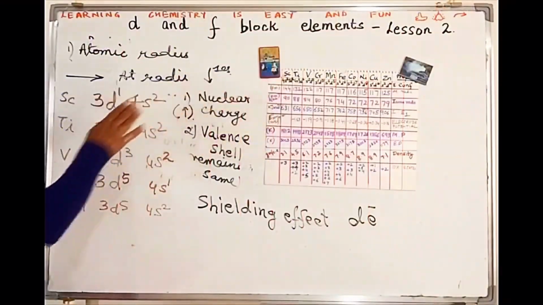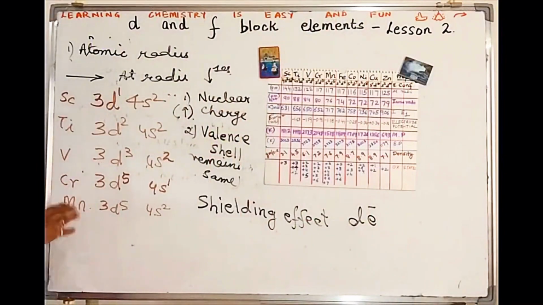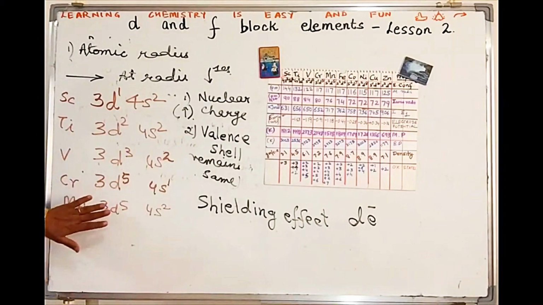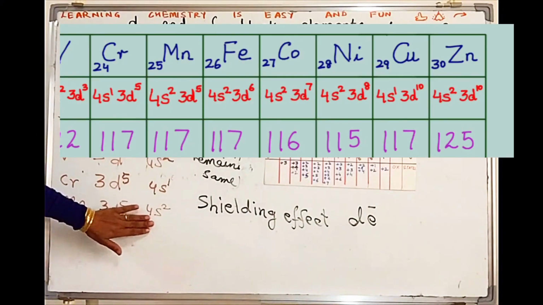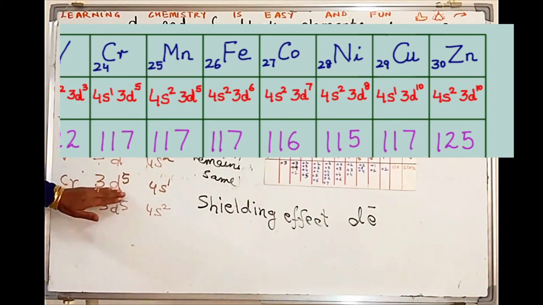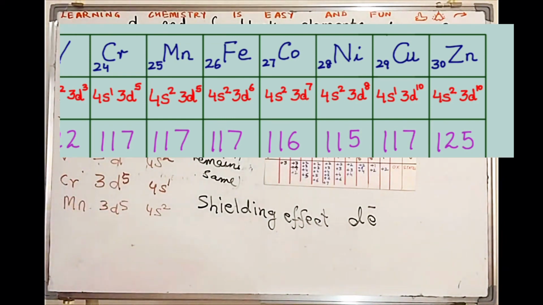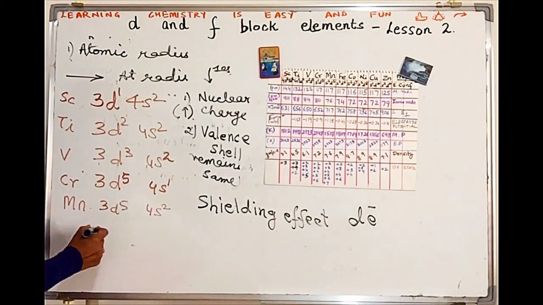Now in the center we've got chromium, manganese. What do you see over here? 3d5 4s1, 3d5 4s2. What does this remind you of? Yes, it's the half-filled and the fully filled orbitals which are extra stable.